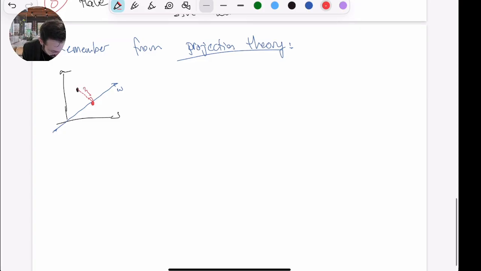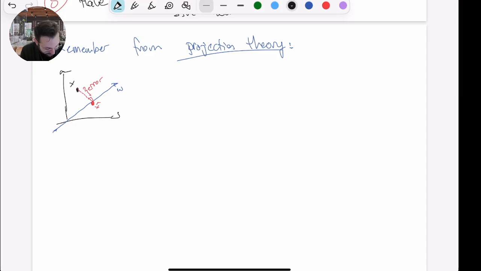So that's the error signal, and I can now use the nomenclature of the reconstruction.